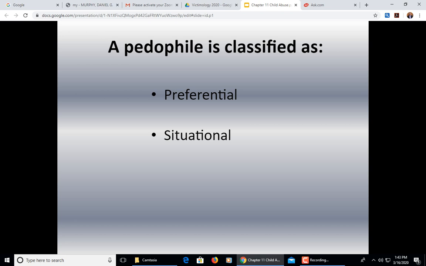Pedophiles are classified as preferential or situational. All that means is that preferential offenders have an attraction to a particular type of child. In other words, someone might have a sexual attraction to little blonde-haired girls under the age of 8, or little black boys just getting out of diapers, things like that.